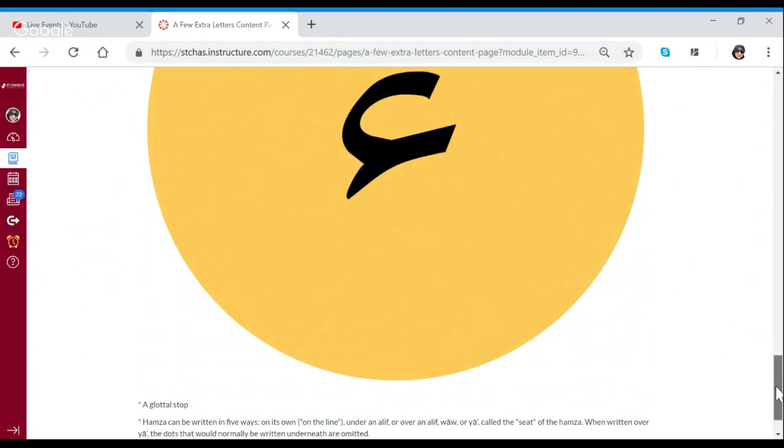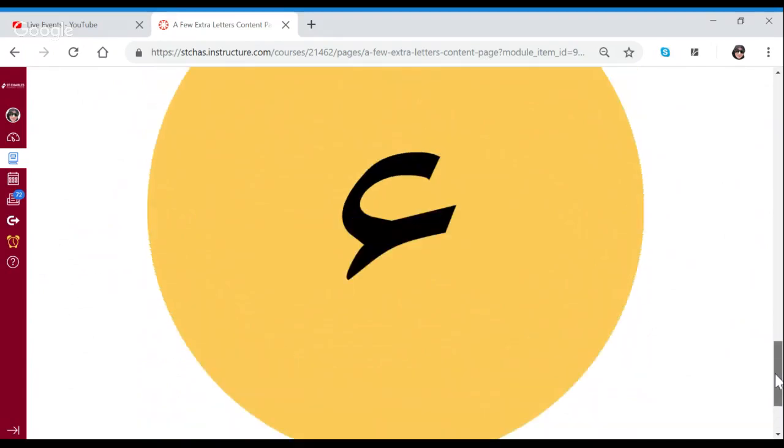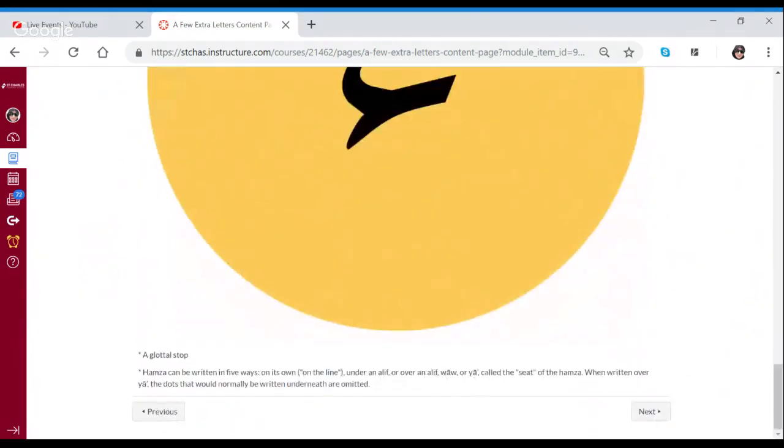You can also find Hamza over a waw or over a ya. If you find Hamza under an aleph, it's going to make an i sound or an e sound. So that's another way it can be used.